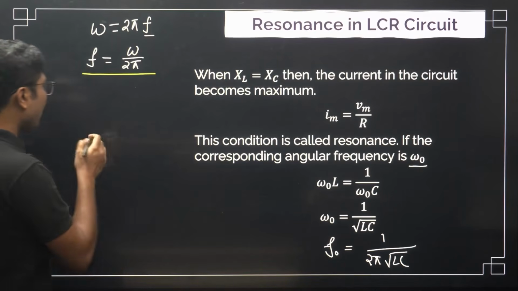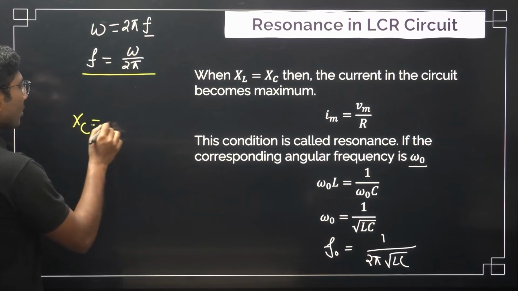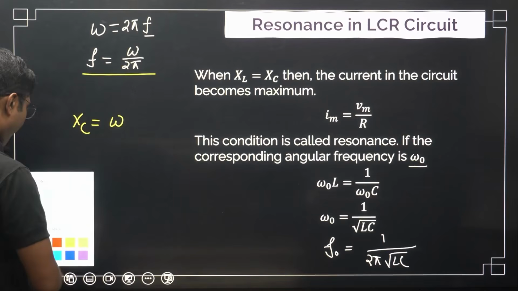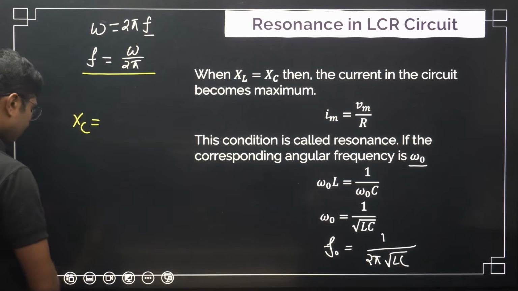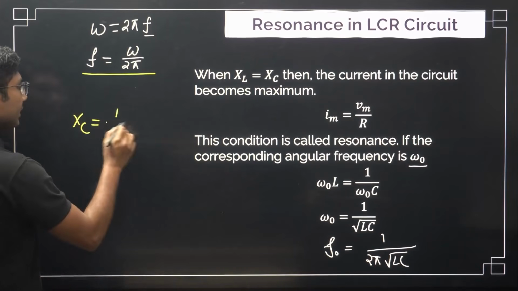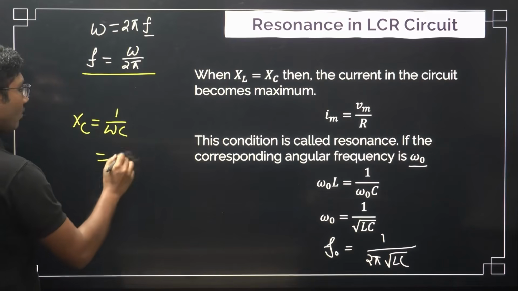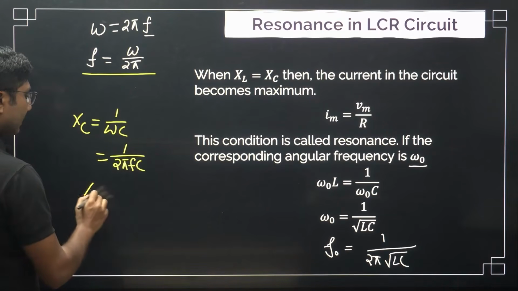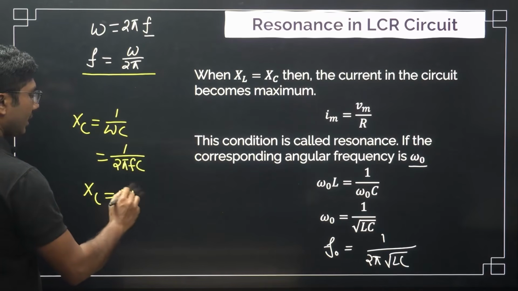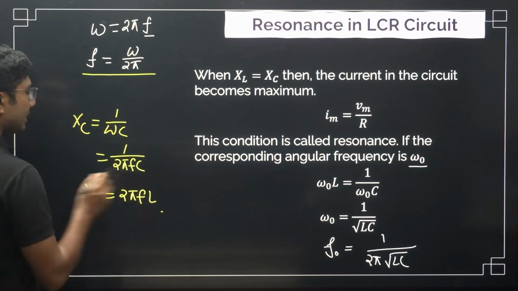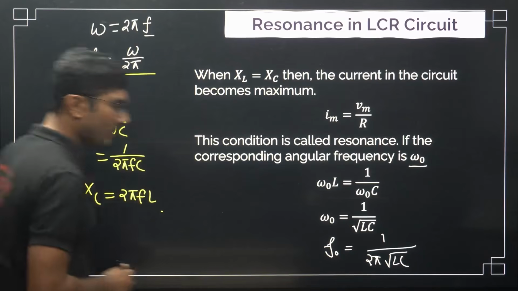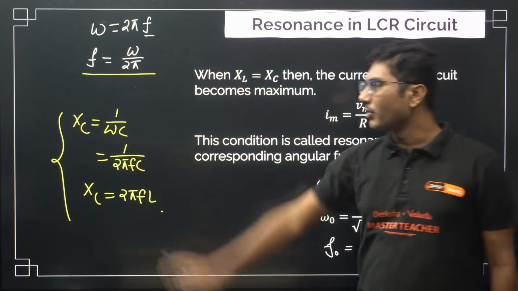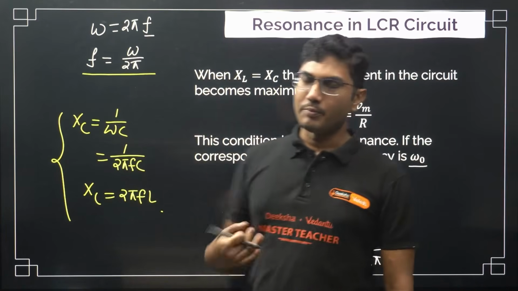So if you want to apply XC equals 1 by omega C, in terms of frequency it will be 1 by 2 pi FC, and XL will be 2 pi FL. So this is how you convert from angular frequency to normal frequency. These are very handy formulas for your problem solving.